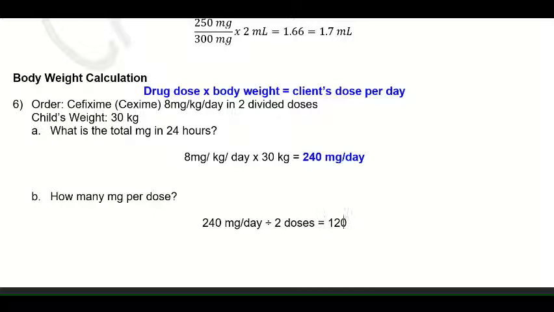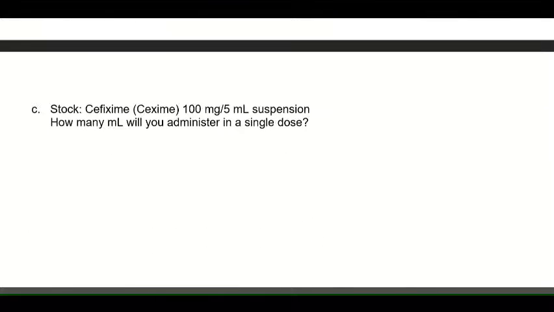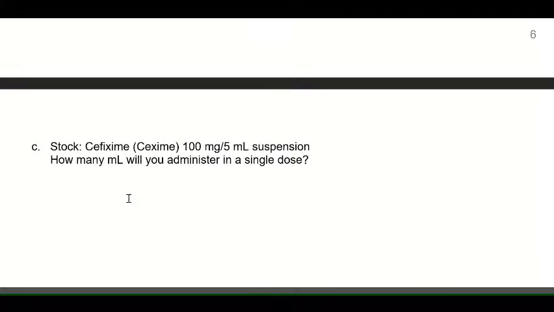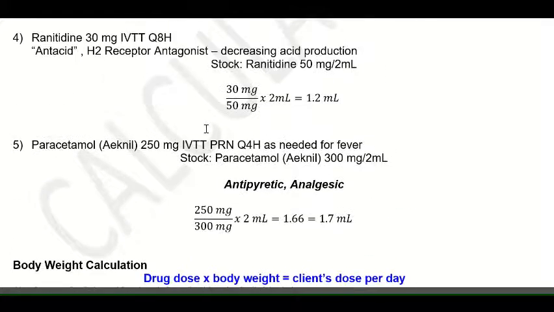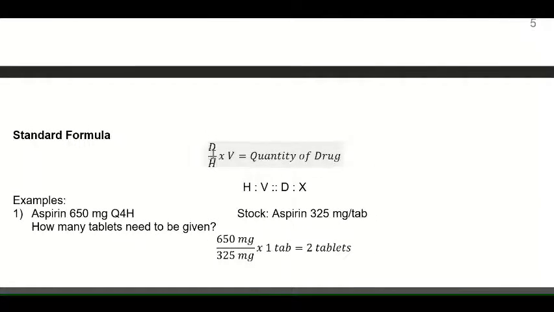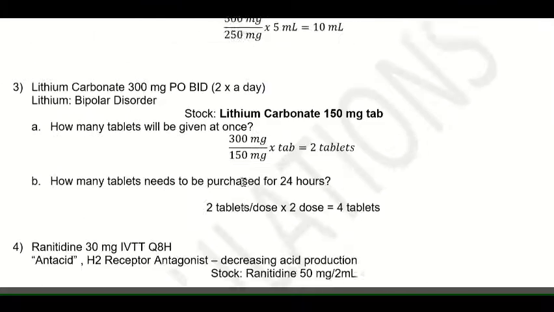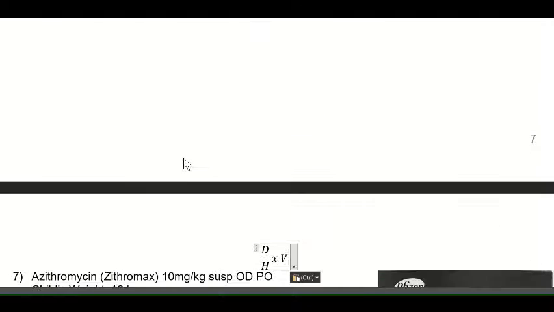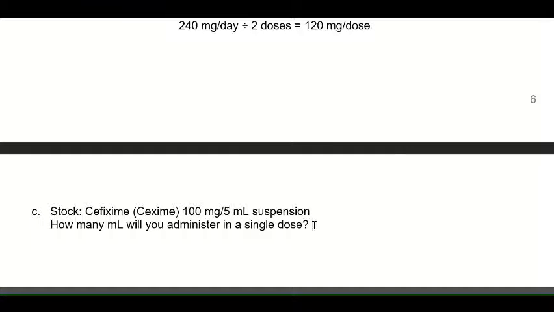That would give us 120 milligram per dose. The problem continues. How will you administer it? How many ml will I administer in a single dose? Reading the question, I think I'll be needing my formula here. Sorry, I'll still copy this formula here.